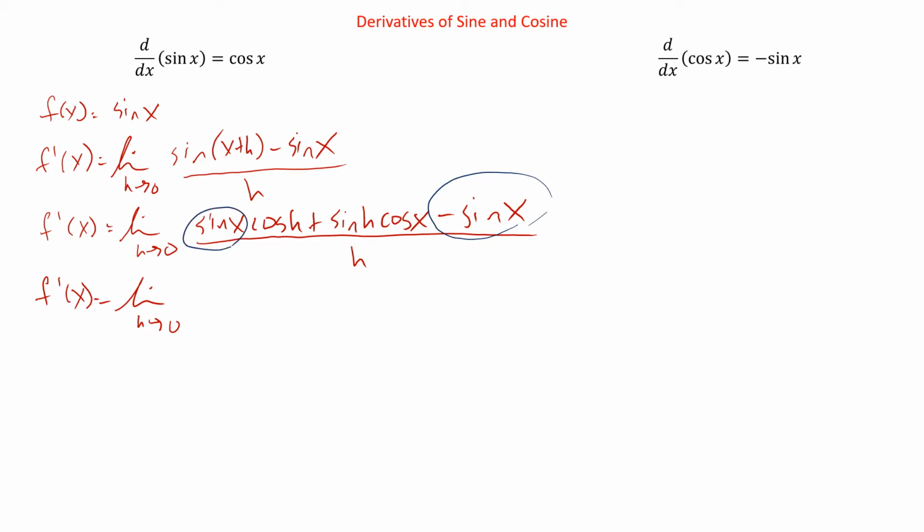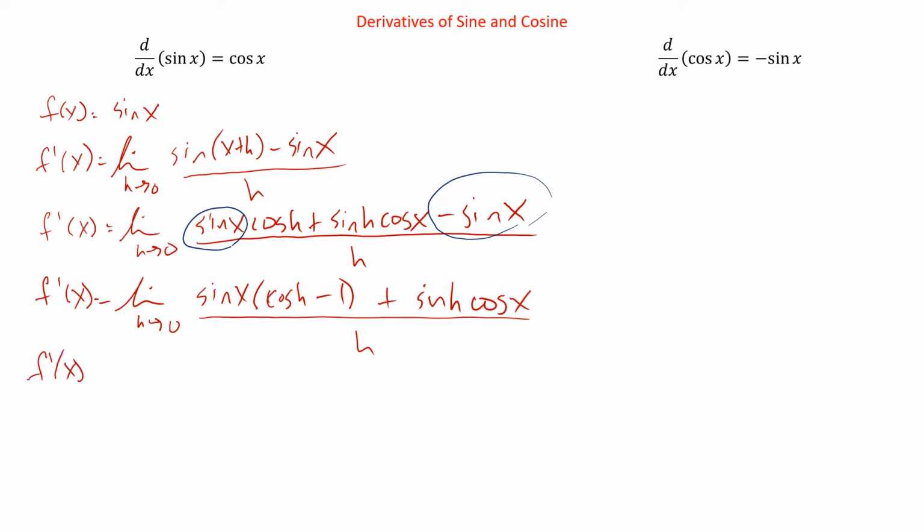So we're just going to move those over, and we're going to factor out that sine x, which will leave us with the cosine h minus 1, and then plus sine h cosine x, all over h. We can split this up using limit properties.